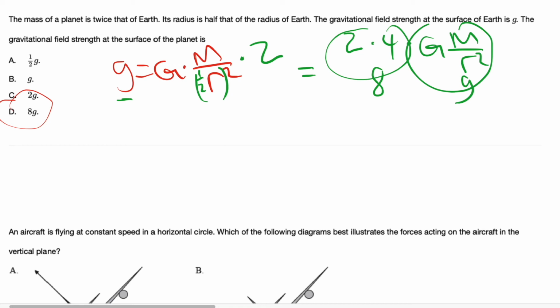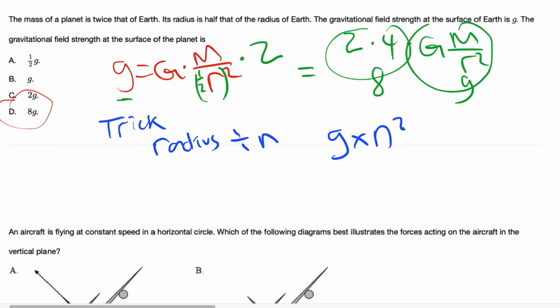Alright, so one trick here. For gravitational field strength, if your radius is divided by n, then your g is going to be multiplied by n squared. Sorry, when your radius is multiplied by n, it's going to be divided by n squared.